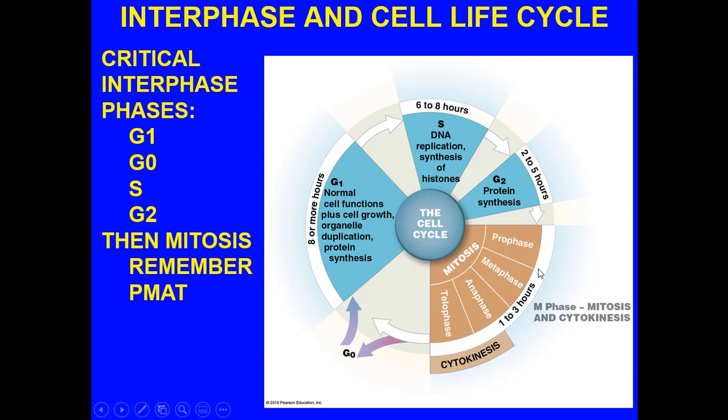Now, to help you remember the different stages of mitosis, remember PMAT: prophase, metaphase, anaphase, telophase. By the way, you're going to notice down in here, and I mentioned it before, cytokinesis. Older biology books would say cytokinesis is the fifth stage, or it's part of telophase. Well, that depends on the cells you're looking at.